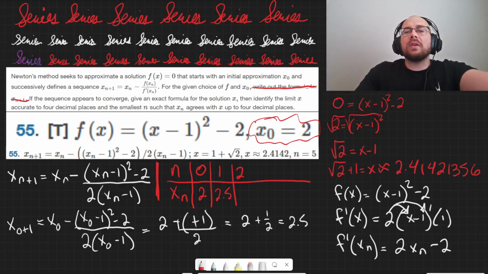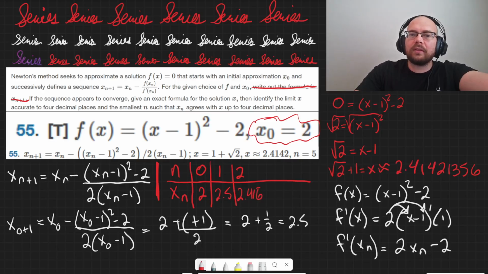So I'm plugging in 2.5 because that's what x sub 1 would equal. So I'm finding out f of 2.5, which is 2.416 repeating. Now we're already pretty close. So we're here now, and we're here. We're already to 2 decimal places so far. So with n equal to 1, we're still no decimal places yet. But then by the time we get to n equals 2, we've got 2 decimal places of accuracy here.